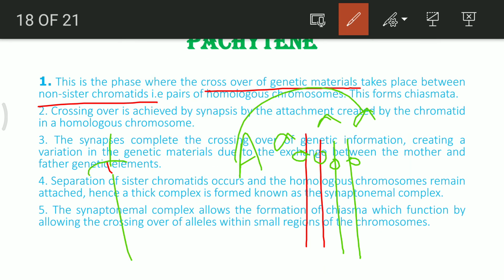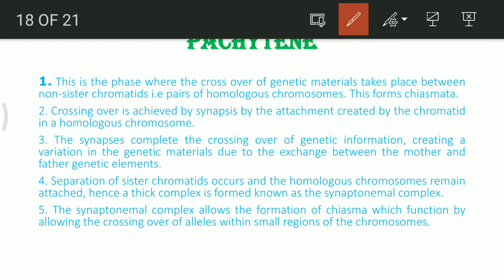So this is the exchange which has occurred. I hope it is easier for you to understand it in this way. The synapse completes the crossing over of genetic information, and variation has taken place because the entire green maternal chromosome has a little tinge of red now. So that is the variation which has occurred.